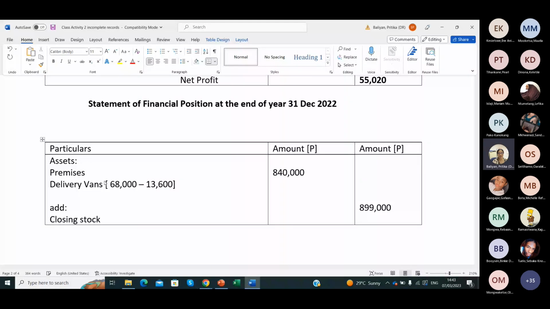So the cost of the delivery van will be 68,000 minus 13,600, which is 54,400. Is that right?